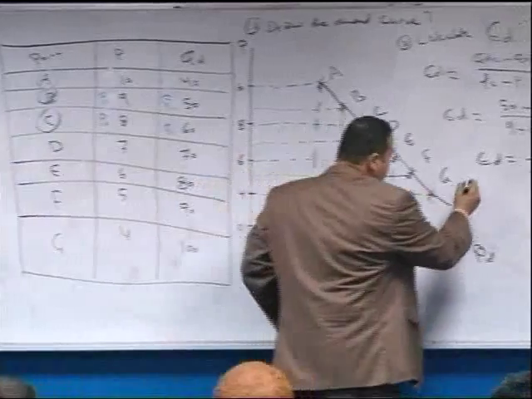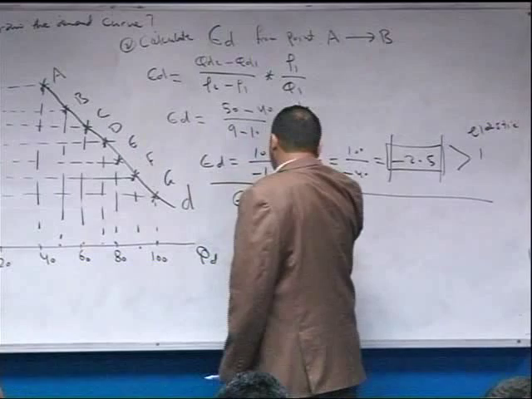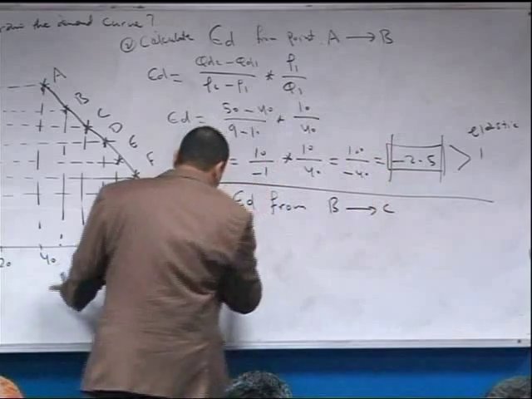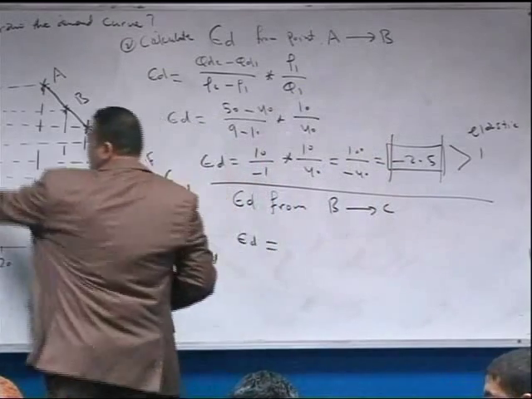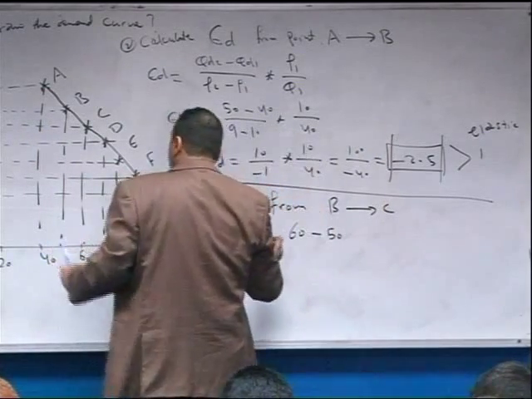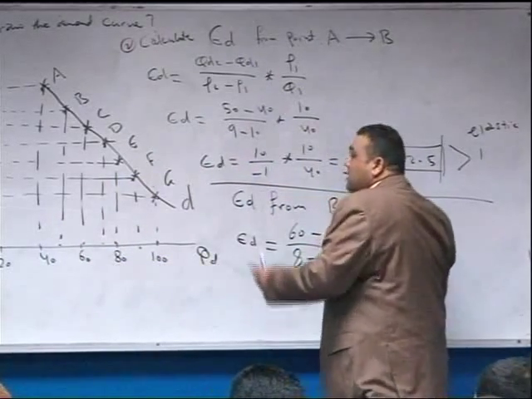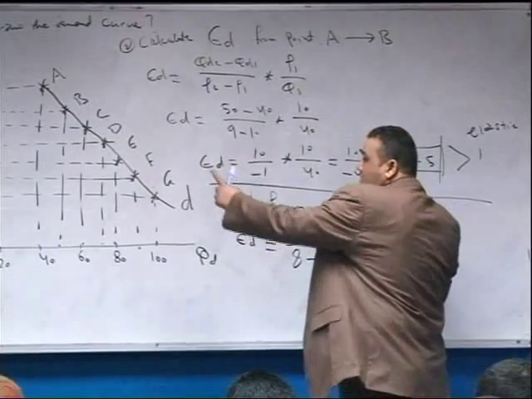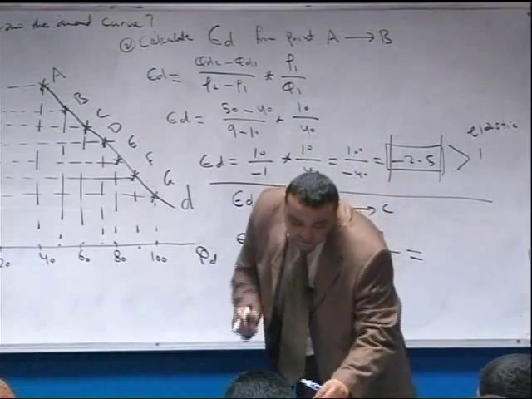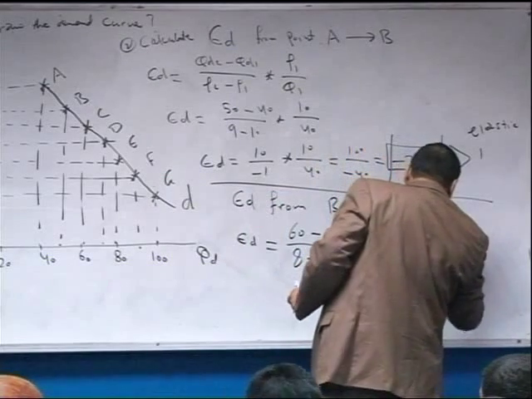So ED from B to C equals (60 minus 50) over (8 minus 9) times 9 over 50, which equals minus 1.7.